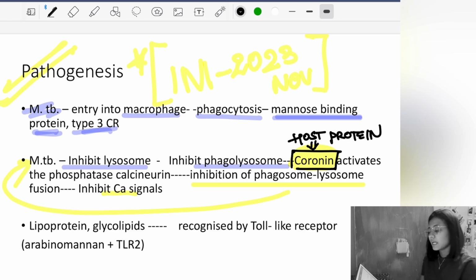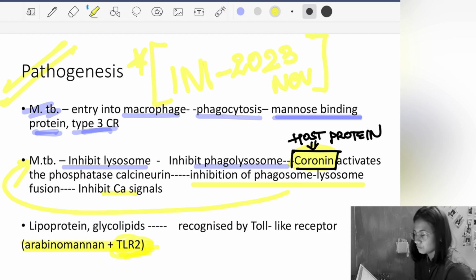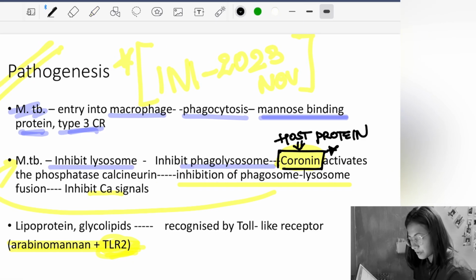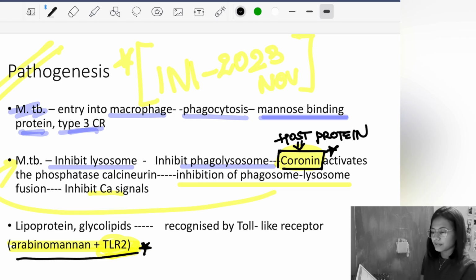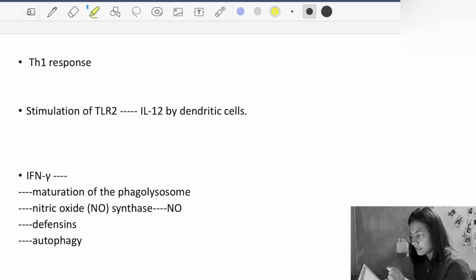After that, the lipoproteins and glycolipids of Mycobacterium tuberculosis are recognized by toll-like receptors. For example, arabinomannan is recognized by TLR2, toll-like receptor 2. So this might be a question, TLR2 might be a question. Again, what kind of a response is tuberculosis?